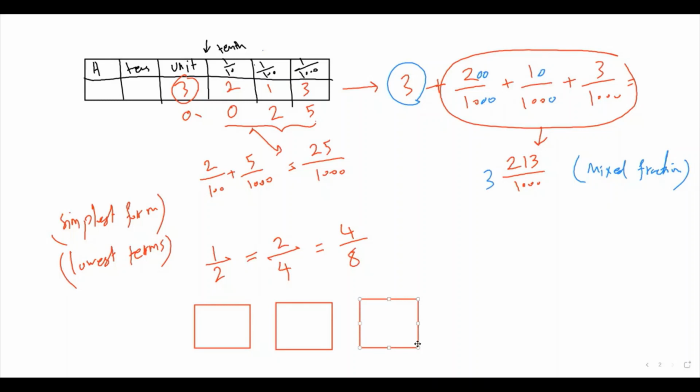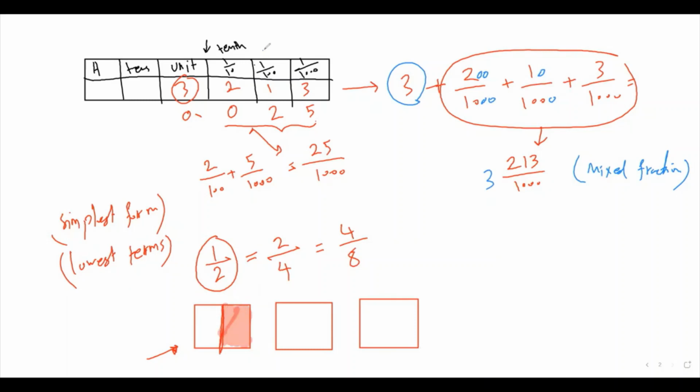Okay, and then the first one, let's say this is the single unit that I was talking about earlier. And if you want to get half, you divide it into 2 equal portions, right? And then you shade one of them, and that's the half, or 1 over 2.